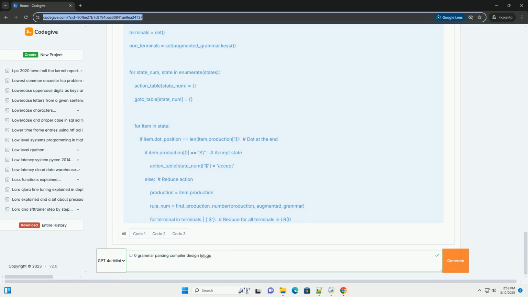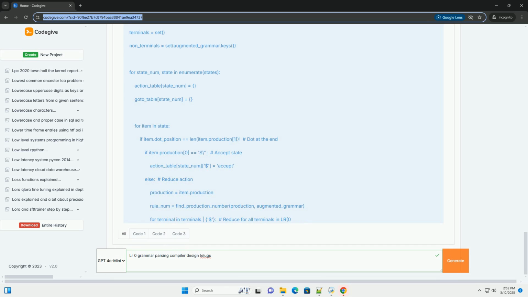Initialize the stack with the initial state, state 0. Repeat until accept or error. Look at the top of the stack, the current state, and the current input symbol. Consult the action table. Shift: push the input symbol and the new state onto the stack.